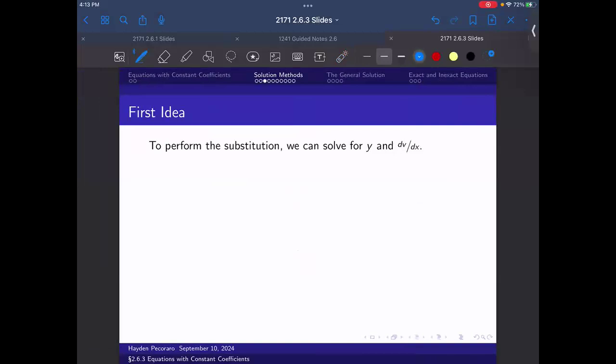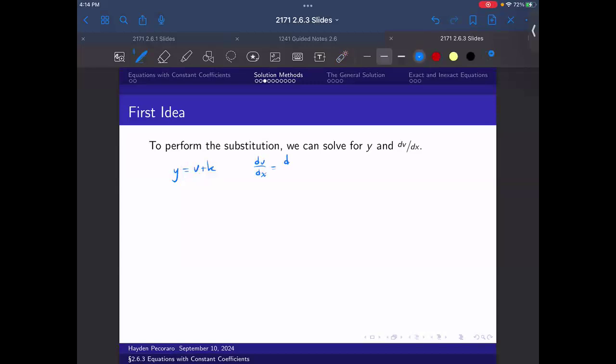So we have already y equals v plus k. And we want dv/dx. Okay, well, dv/dx, by the chain rule, or actually we can just differentiate this directly.